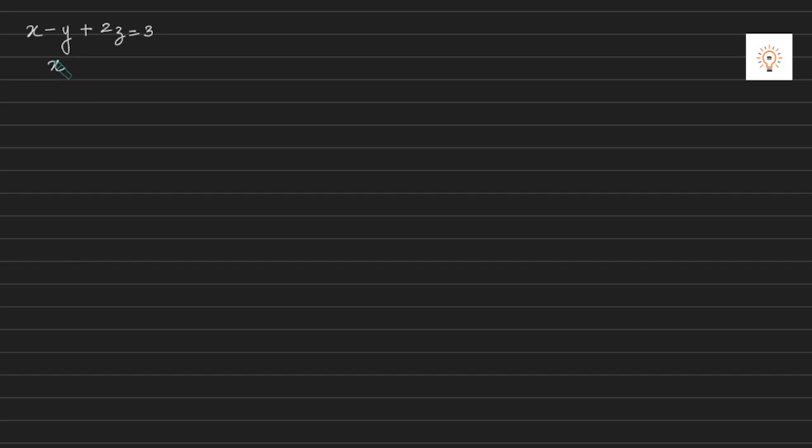The second equation is 2x plus z equal to 1. The third equation is 3x plus 2y plus z equal to 4. So now we can start solving this system of linear equations using the matrix method.